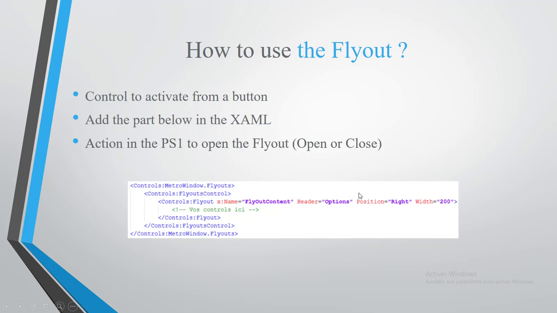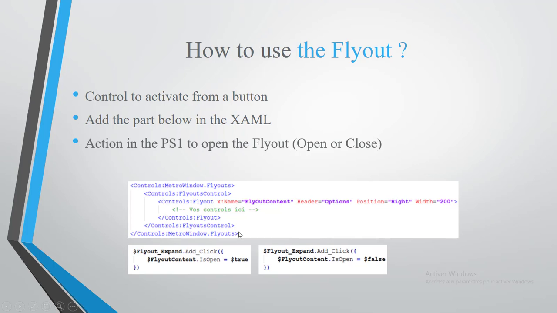The action in your PS1 file to open or close the flyout is used with the IsOpen attribute. So I add an x:Name to my flyout, and then in my button I open it by adding true to the IsOpen attribute, or false to the IsOpen attribute to close the flyout.